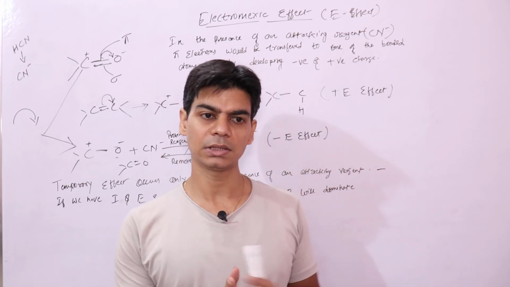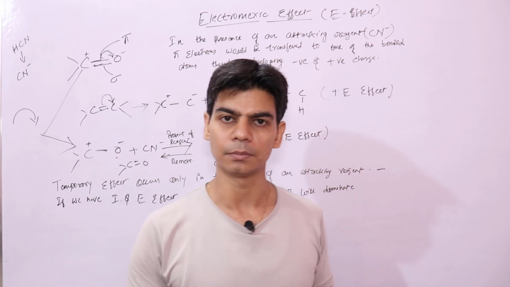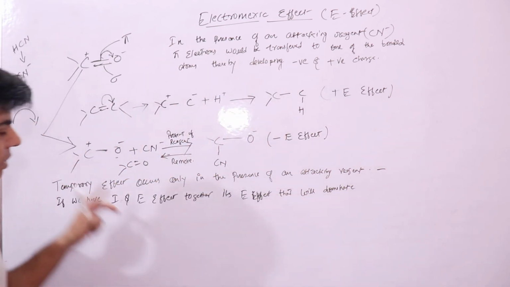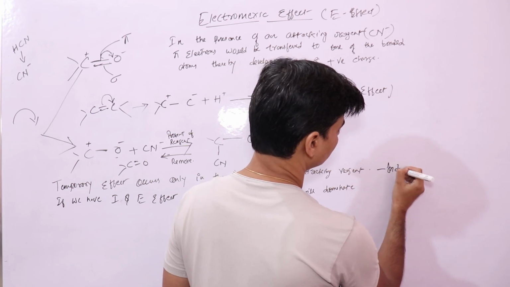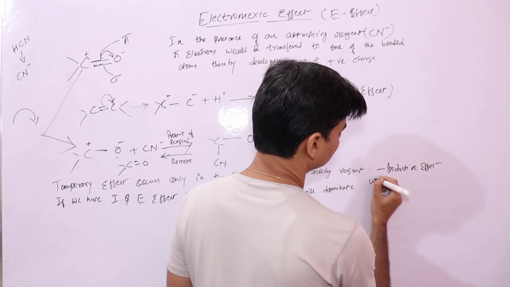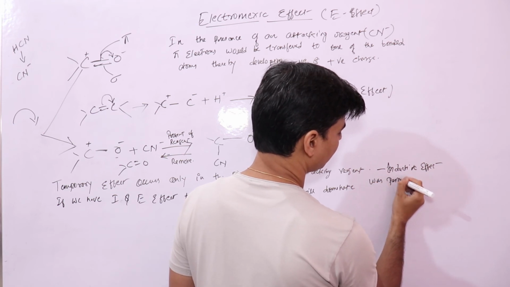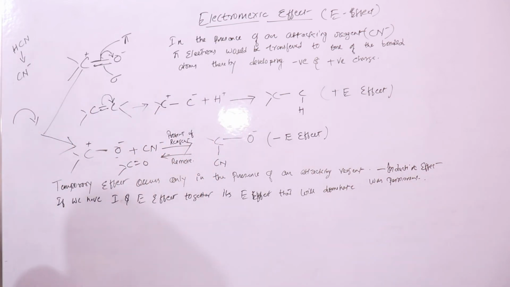Once this attacking reagent is removed, the electrons will come back to the original atom. So this is a temporary effect, whereas the inductive effect was permanent. I hope this is clear.